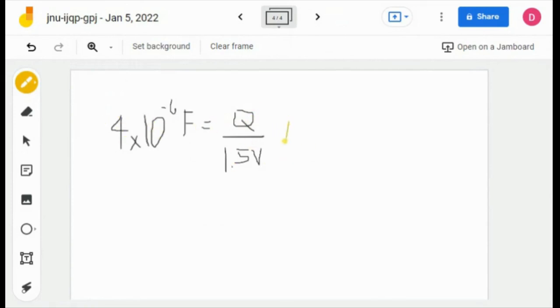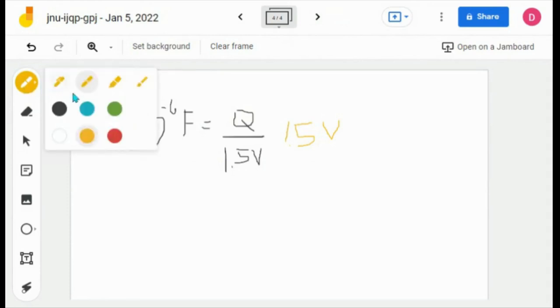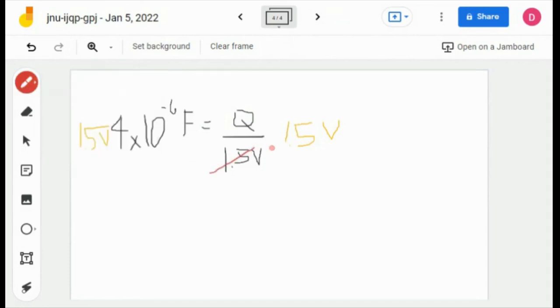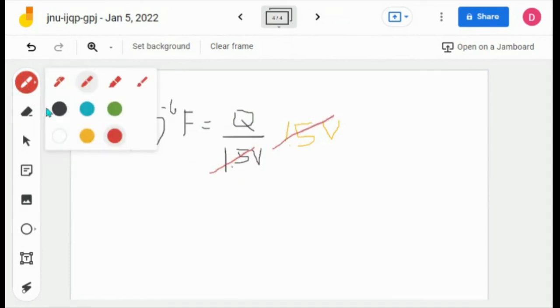So I will multiply this by 1.5 volts, and also this side by 1.5 volts. This will cancel out because 1.5 divided by itself will give us 1.